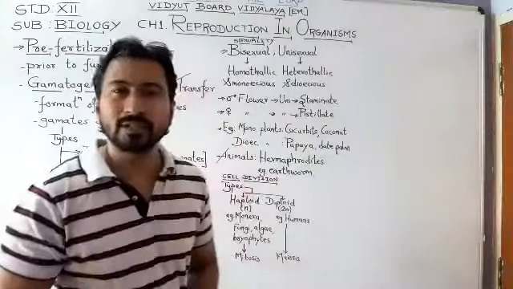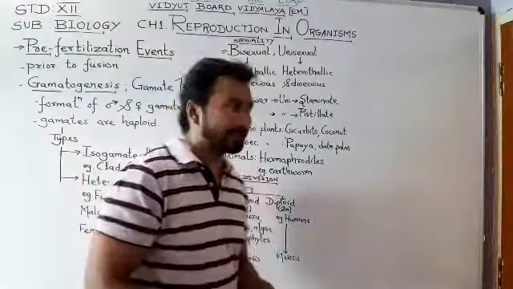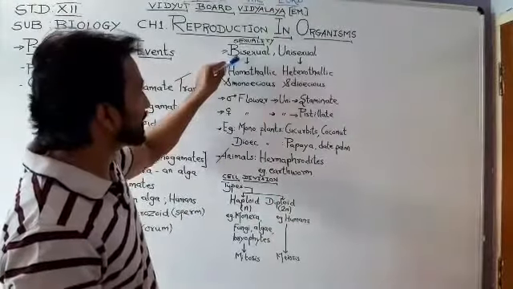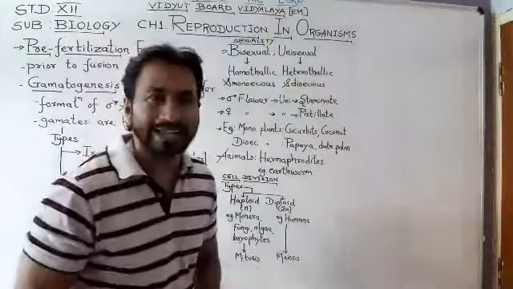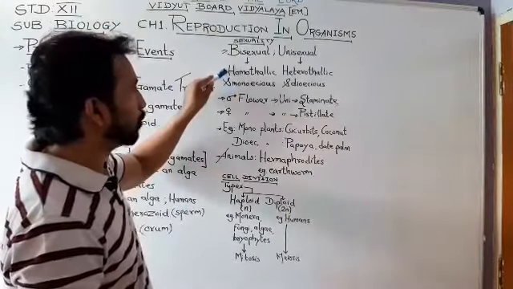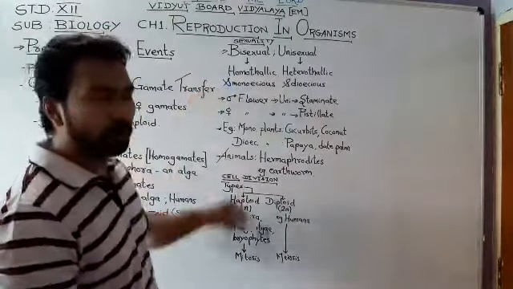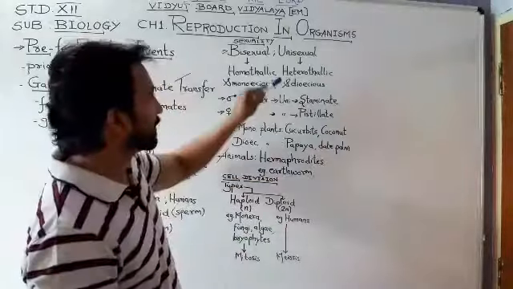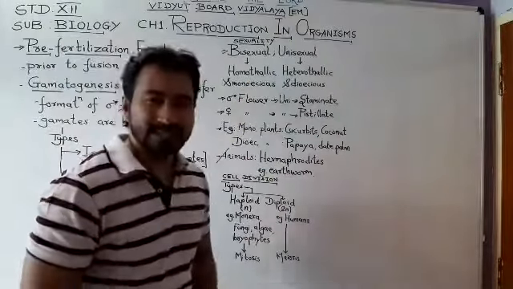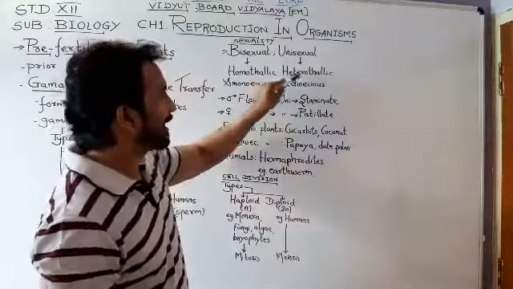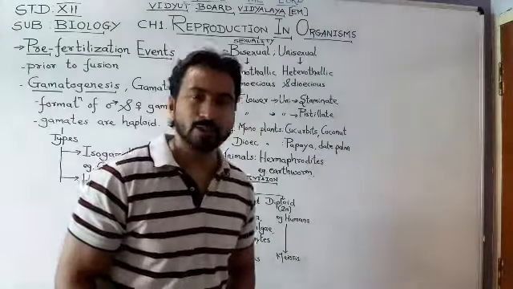Let us go into the other names and the examples of it. The bisexual ones, in case of various plants and algae, are said to be homothallic and monoecious also. And the unisexual is also known as heterothallic and dioecious.